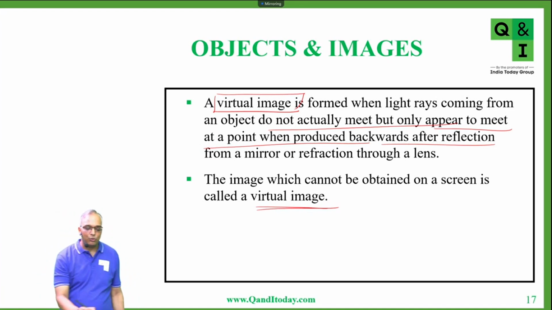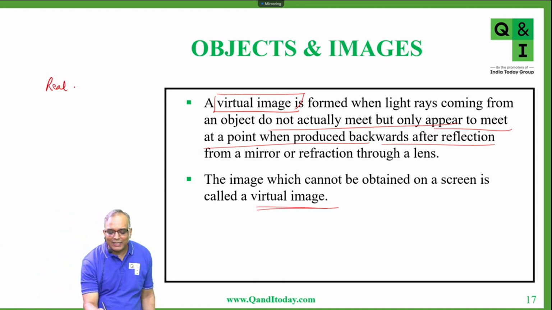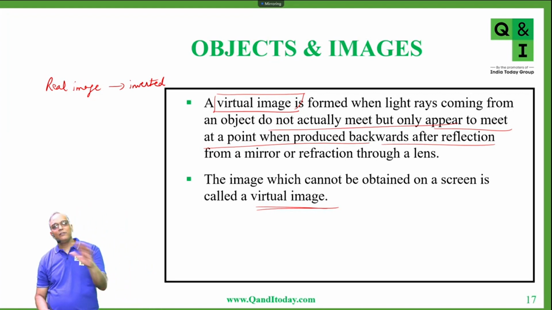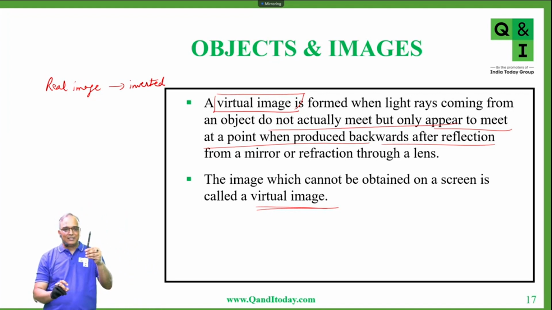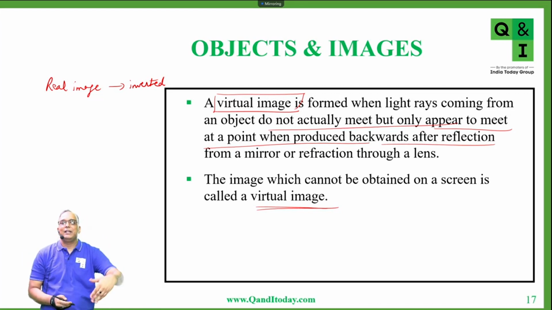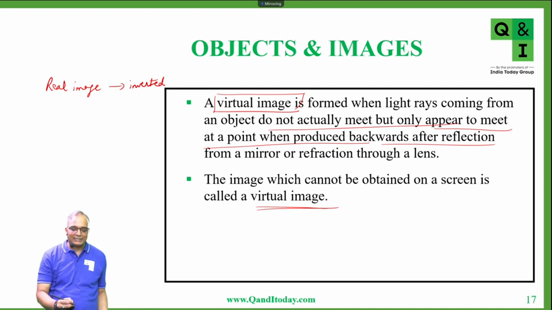One more thing you need to understand: a real image is always inverted. What does inverted mean? If an object is erect, the image of that will be inverted, meaning top will go to the bottom and bottom will go to the top. We'll understand that in further classes as well.